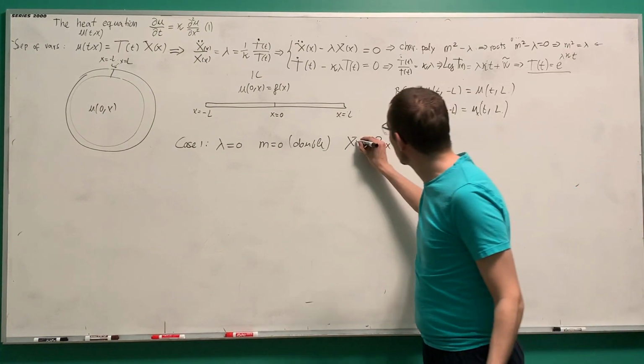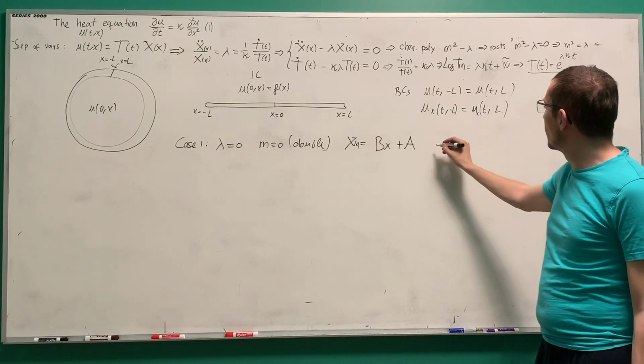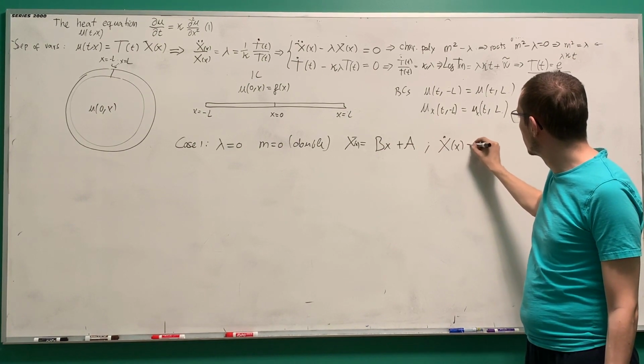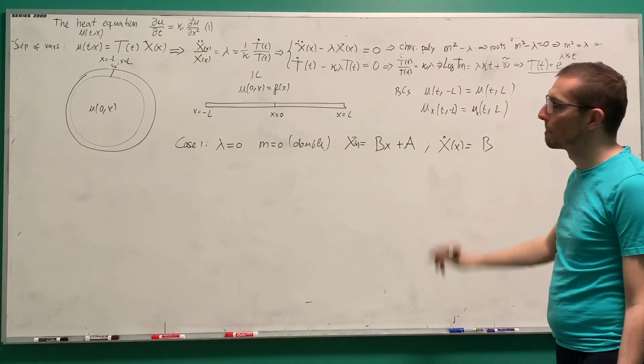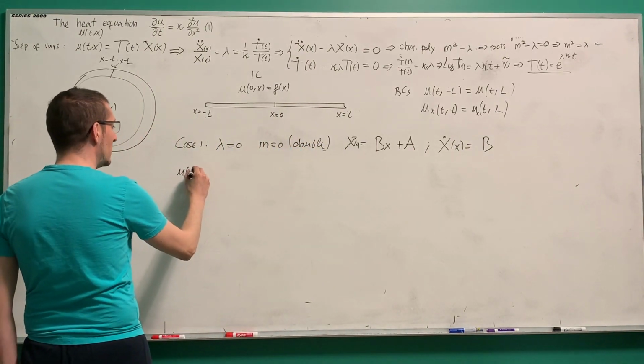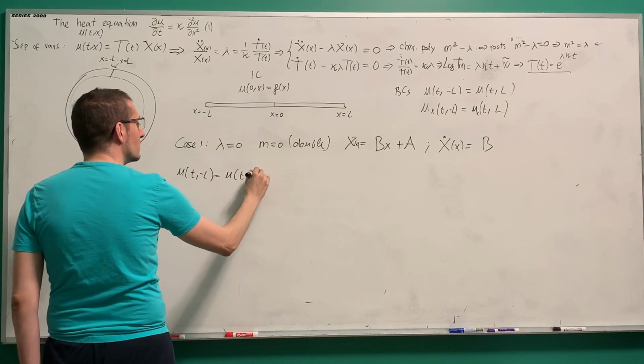All right, this is X of x. And T of t is 1 in this case. Let's compute the derivative because we need it for the second condition. X dot of x is equal to just b. All right, so let's impose the boundary conditions. First condition tells me u of t comma minus l is equal to u of t comma l.